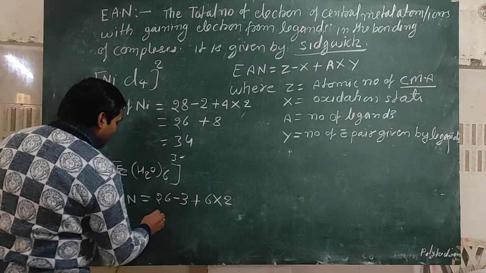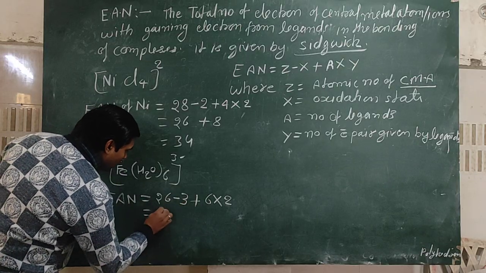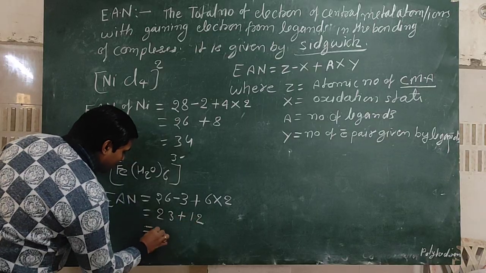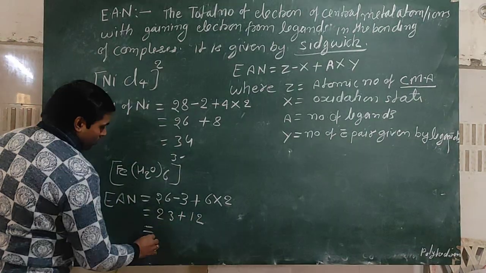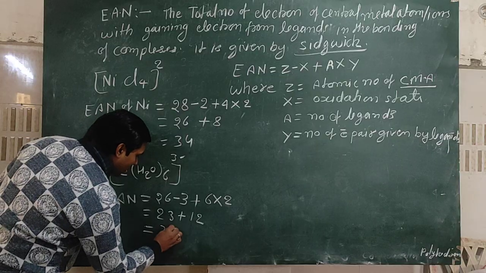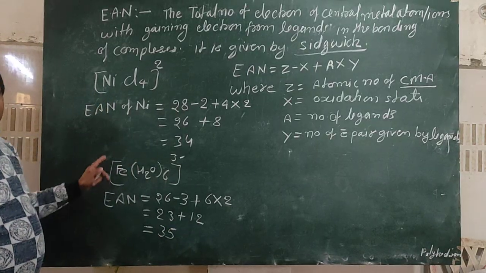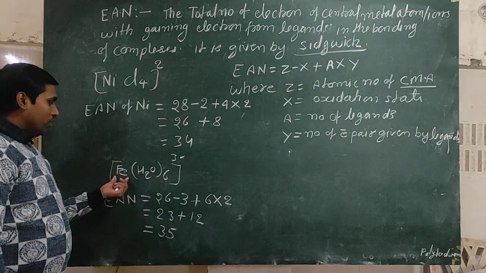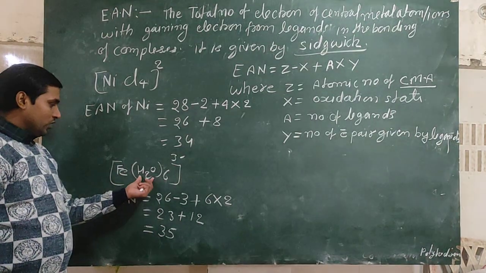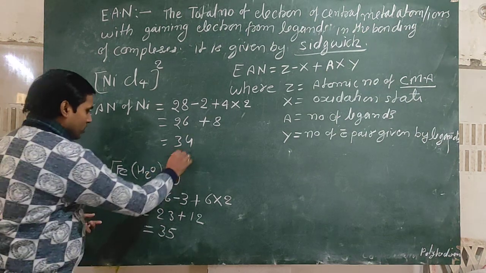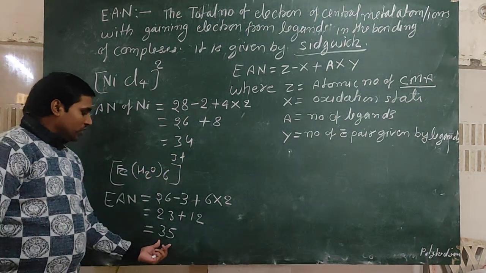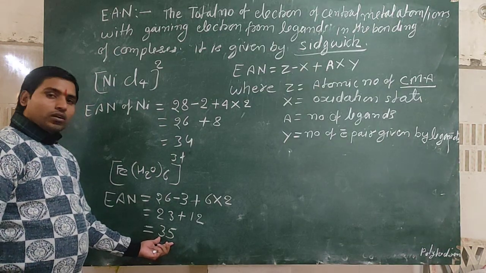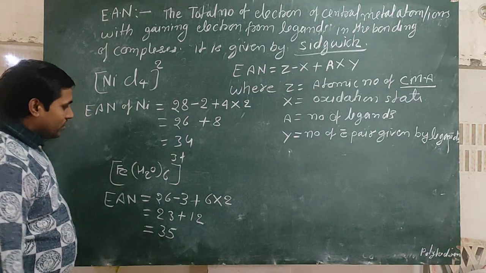In this situation, it becomes 23 plus 12, which is equal to 35. It does not follow the EAN rule, because the EAN of Fe(H2O)6 3+ is 35, and 35 is not the atomic number of any inert gas.